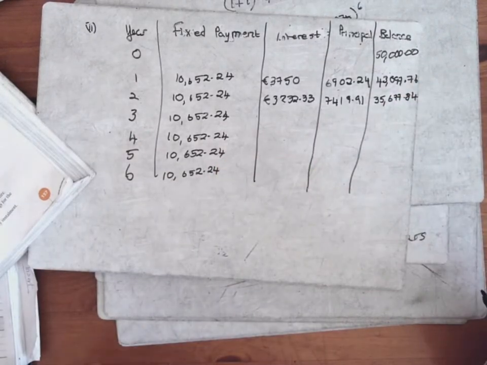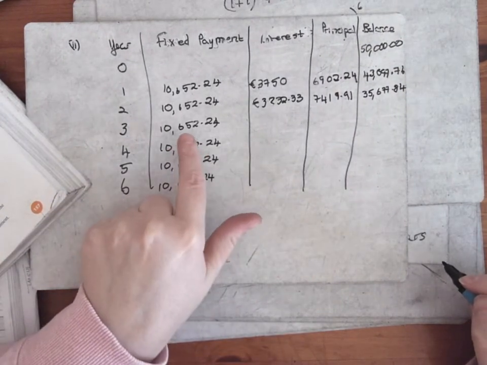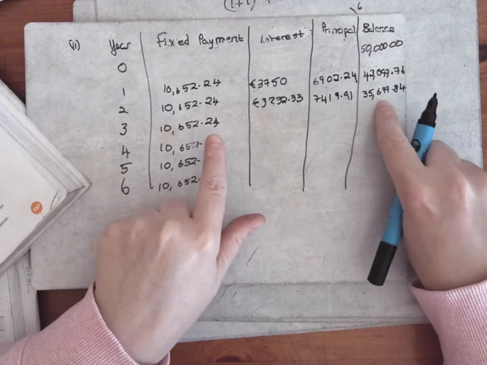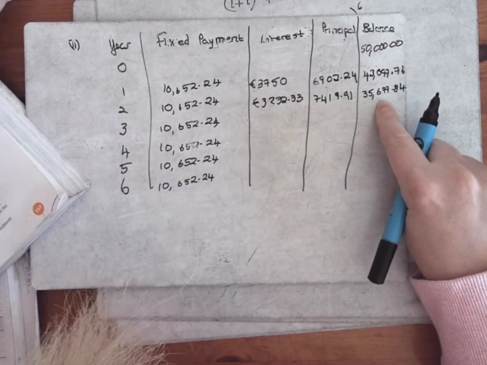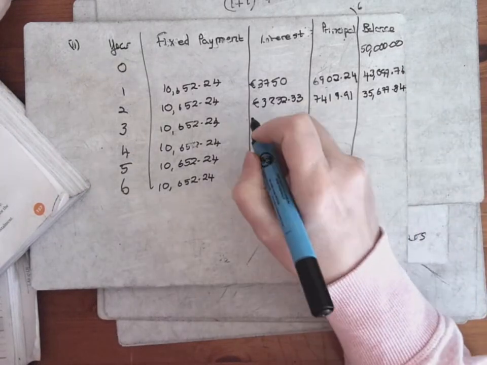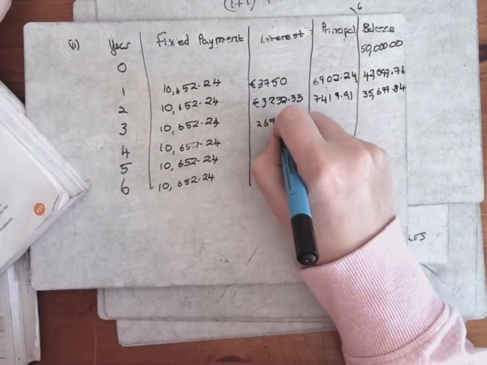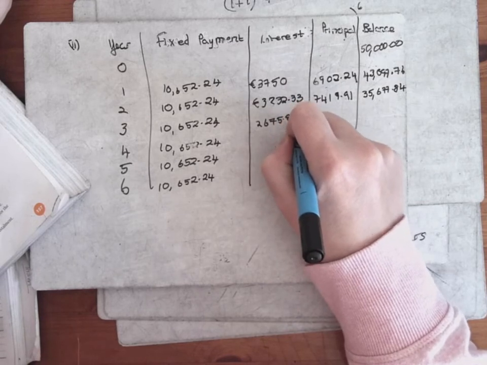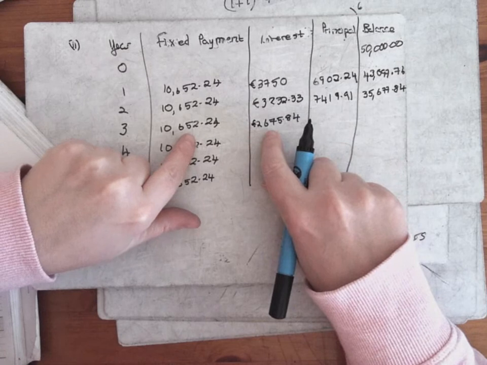Okay, the next year, she pays them this much. The interest is 7.5% of the balance now, so you get 7.5% of that, which is 2,675 and 84 cents. That's how much interest she pays for the year. So how much comes off the loan?